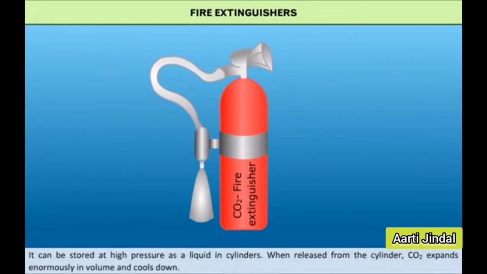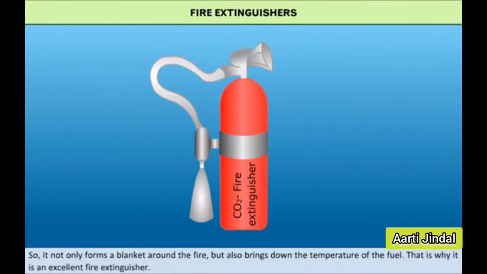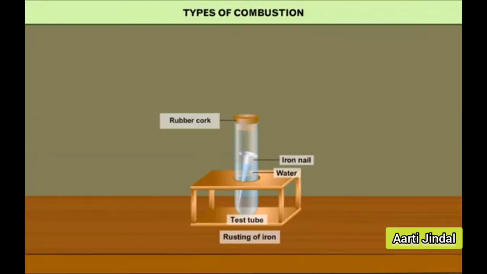It can be stored at high pressure as a liquid in cylinders. When released from the cylinder, CO2 expands enormously in volume and cools down. So, it not only forms a blanket around the fire, but also brings down the temperature of the fuel. That is why it is an excellent fire extinguisher.